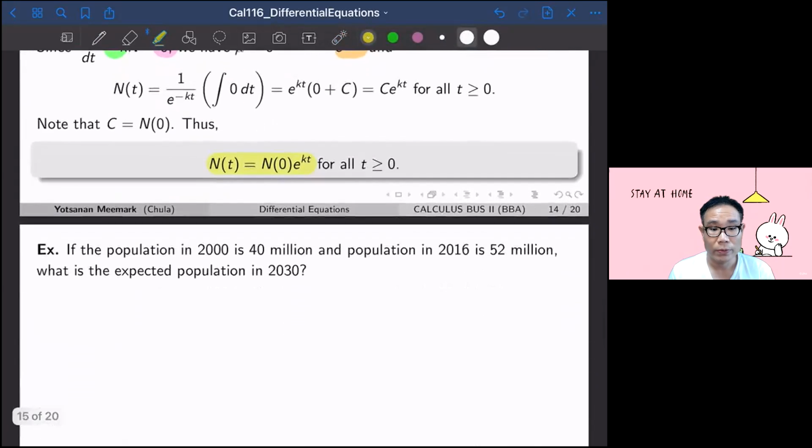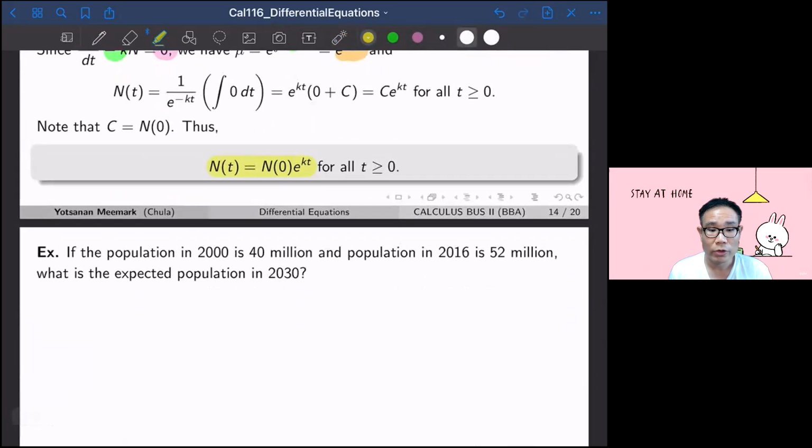Let's do one example. The population in 2000 is 40 million and the population in 2016 is 52 million. We'd like to find the expected population in 2030. The thing I would feel here is not the population of the world; it's maybe the population of bacteria, or anything that you don't have control over, like an experiment.